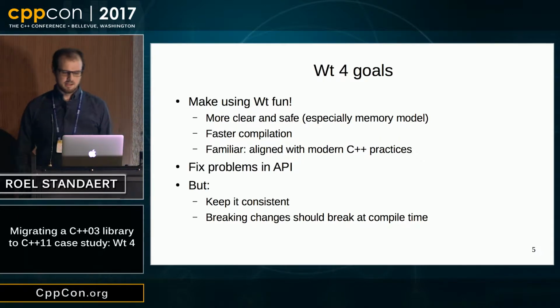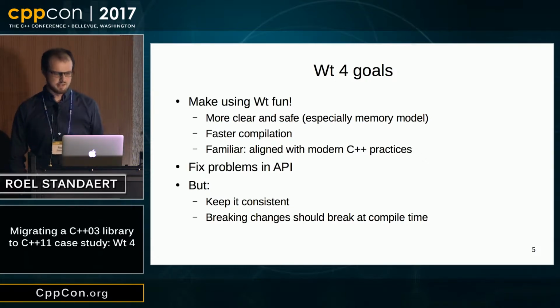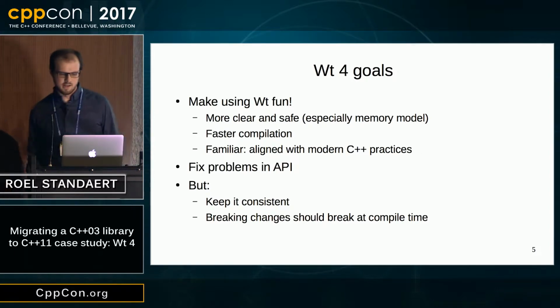And we wanted to make it a bit more familiar to people who are already familiar with modern C++11 practices. So they'd expect to see stuff like, well, a unique pointer owns something and a raw pointer doesn't own it. That's not something in Witty 3, and we wanted to move towards that.